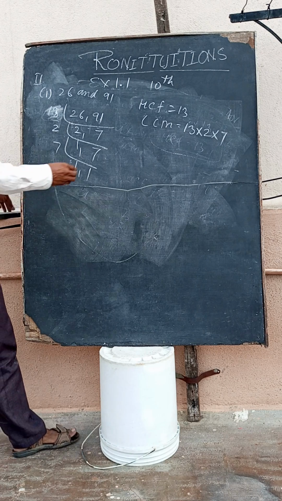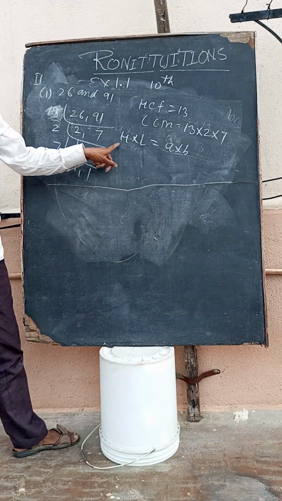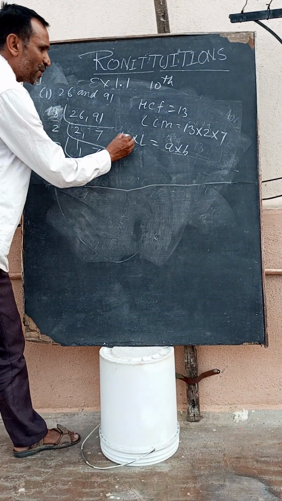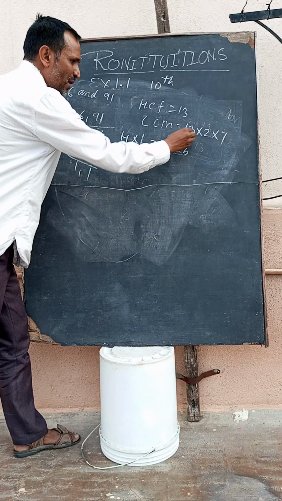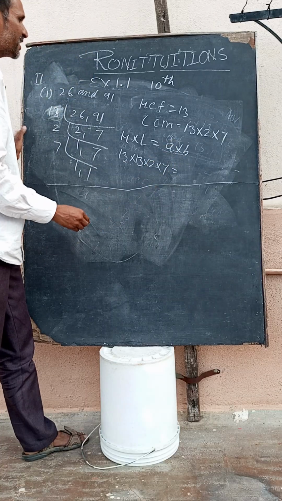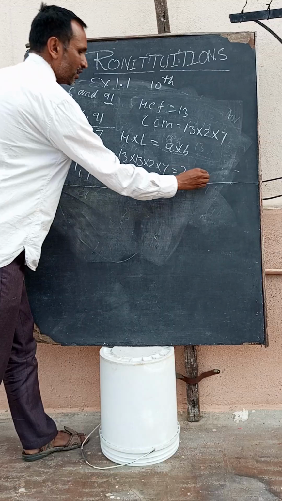Now we do the verification. Verification means HCF into LCM is equal to A into B. HCF, how much did we get? 13. Into LCM, 13 into 2 into 7, is equal to A, which is 26, into B, which is 91.